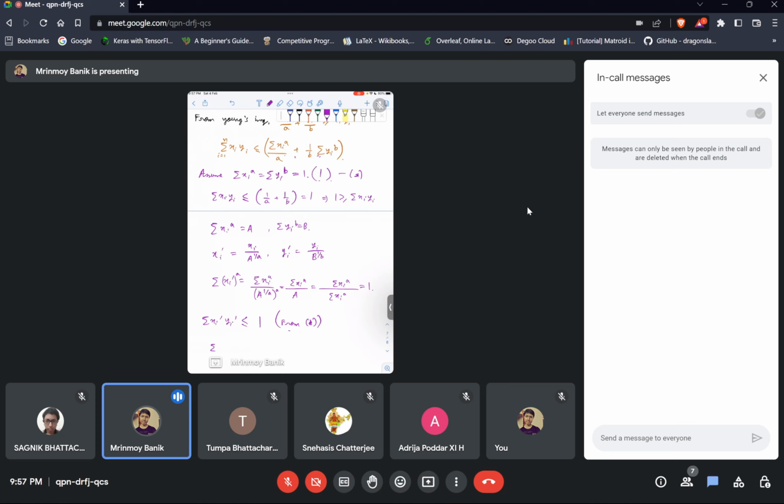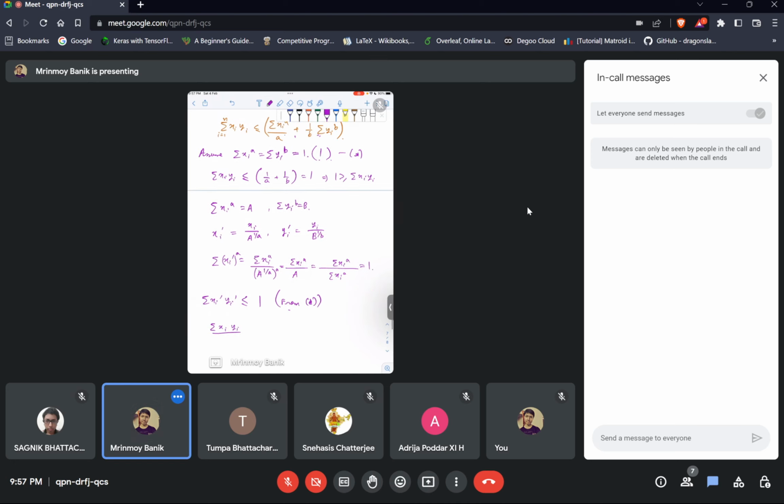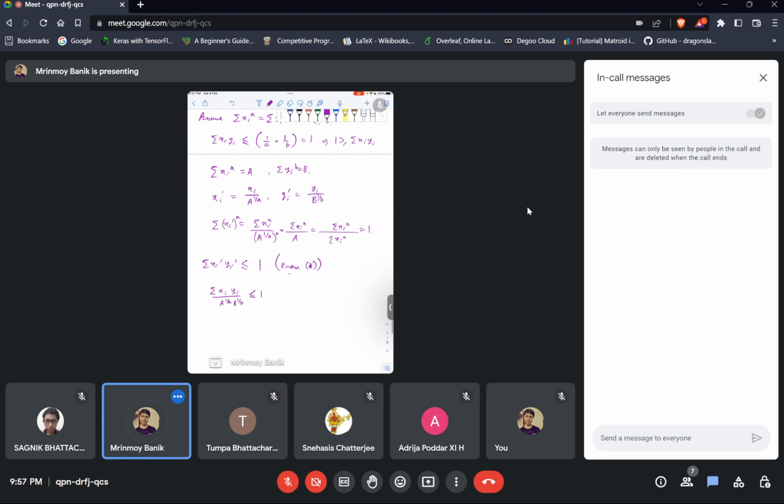Substituting the values of xi dash and yi dash, we get the sum of xi yi over A power 1 by a and B power 1 by b is less than or equal to 1, which implies the sum of xi yi is less than or equal to A power 1 by a times B power 1 by b.